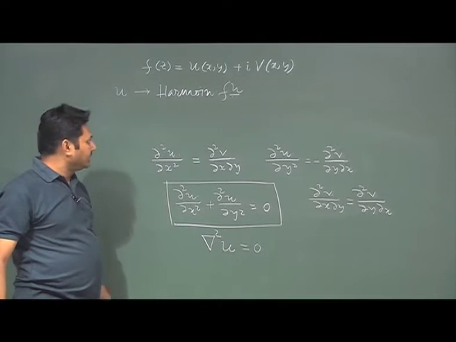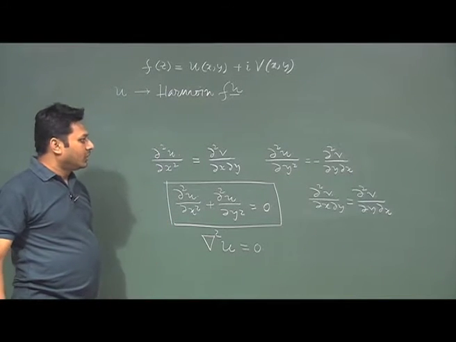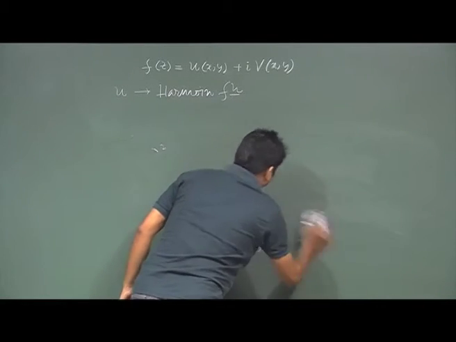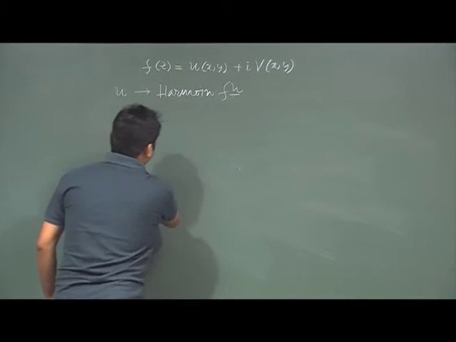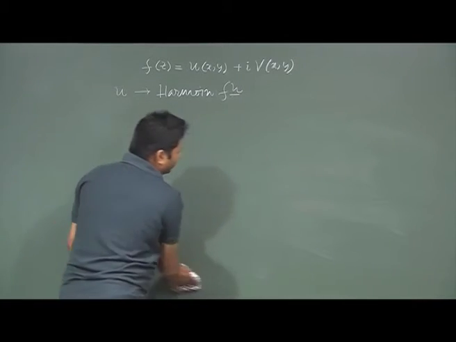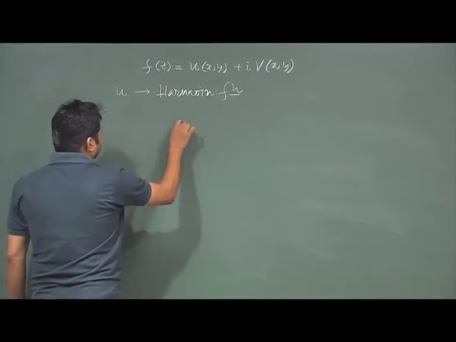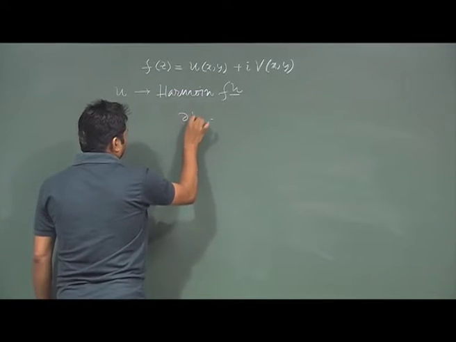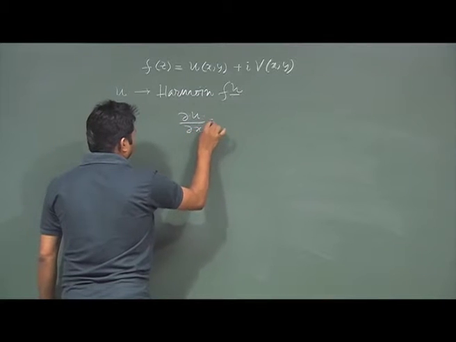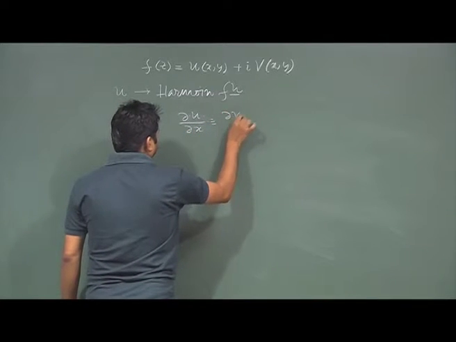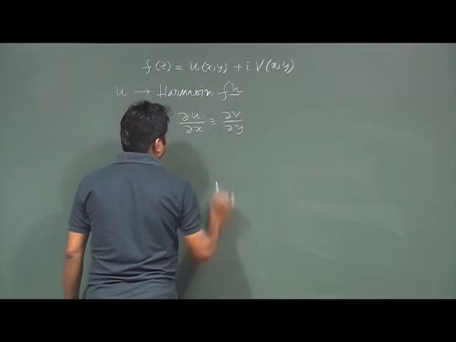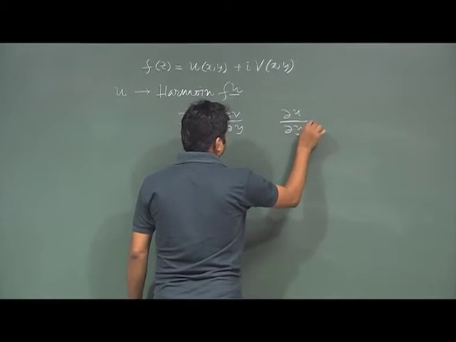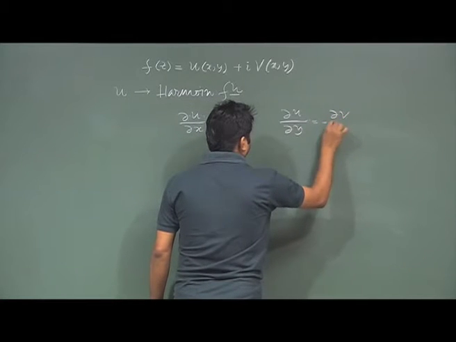What about v? u is a harmonic function, so what about v? I believe you can do that by yourself. ux, del u del x, is del v del y, and del u del y is minus del v del x.